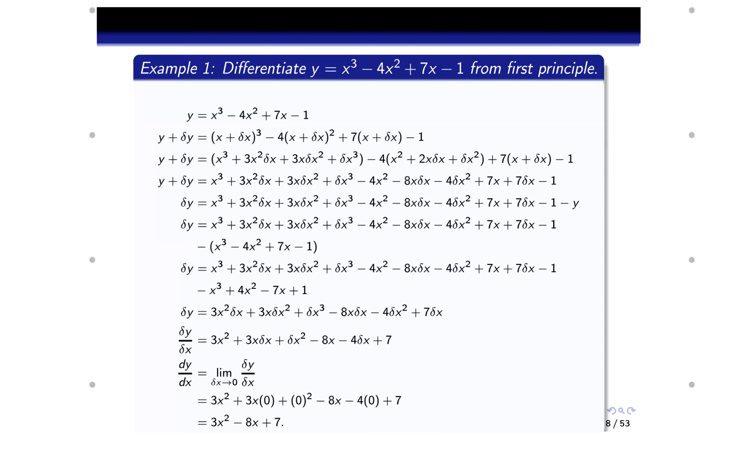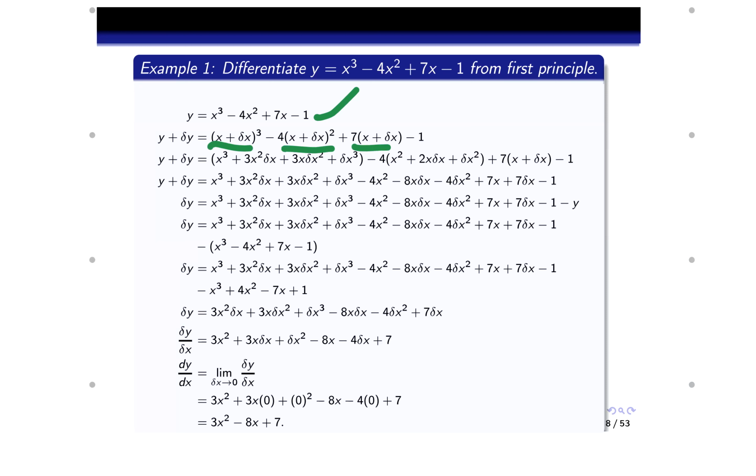You start this way. You have y equals x cubed minus 4x squared plus 7x minus 1. The basic idea of first principle is that an increase or decrease, which is overall a change in x, which is delta x, automatically leads to a change in y. So everywhere you have x, the x now increases. So instead of x cubed, now you have x plus delta x cubed, minus 4 times x plus delta x squared, plus 7 times x plus delta x, minus 1.